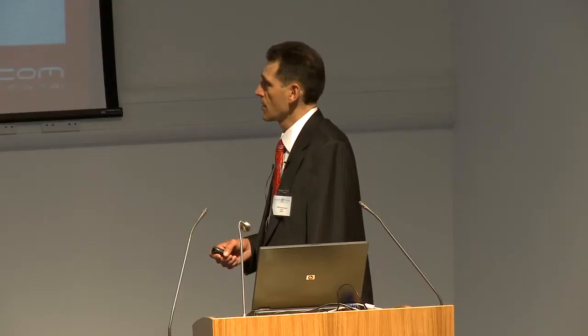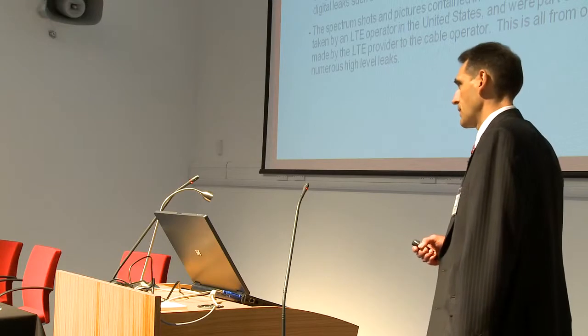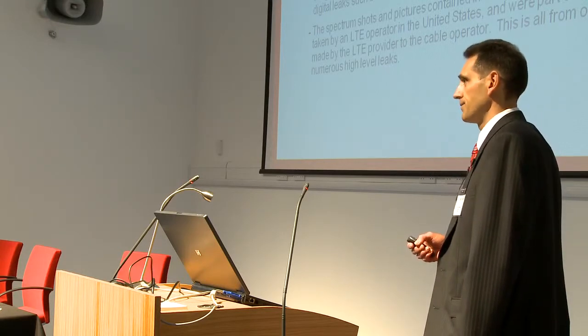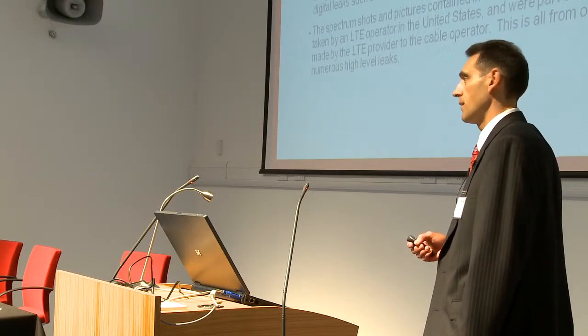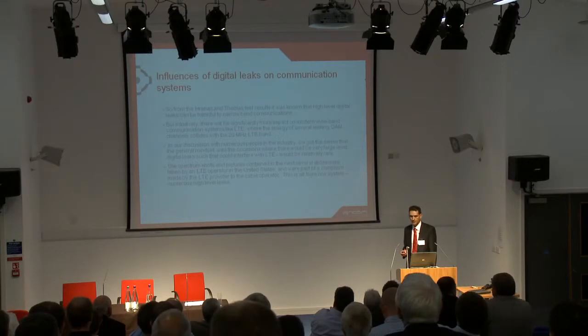The spectrum screenshots and pictures on our next slide will show you that this is not the truth. They are actually coming from a complaint made by the LTE provider, and one of the US cable networks was having simply a really bad problem in some area.